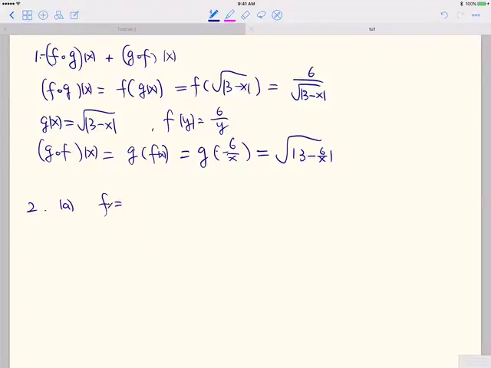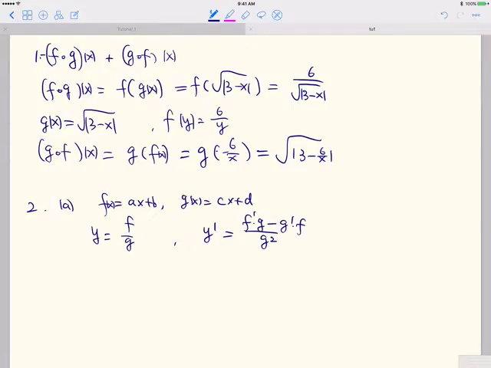We use f(x) as ax plus b and g(x) as cx plus d. So y just equals f over g, right? According to the quotient rule, y prime equals what? Think about it. Over g squared, f prime times g minus g prime times f. All these derivatives are taken at the point x.